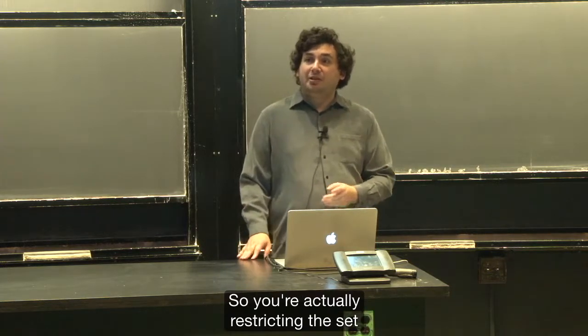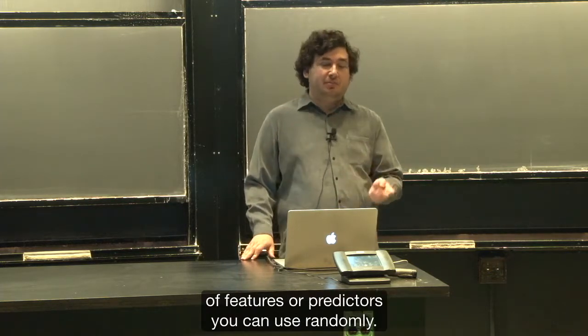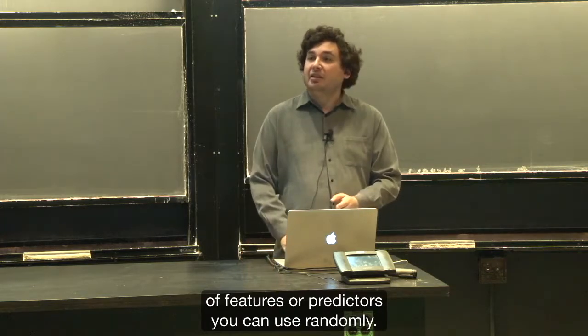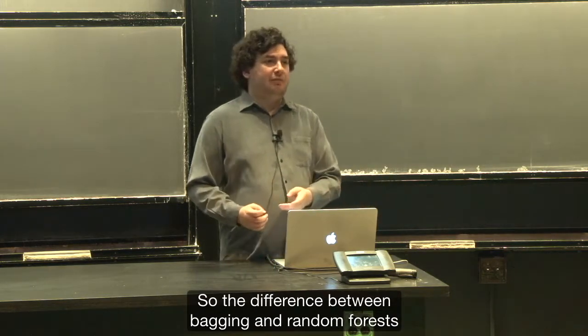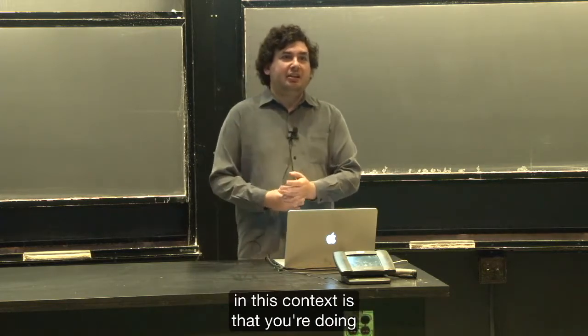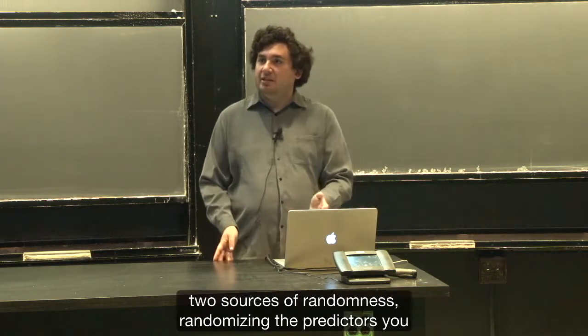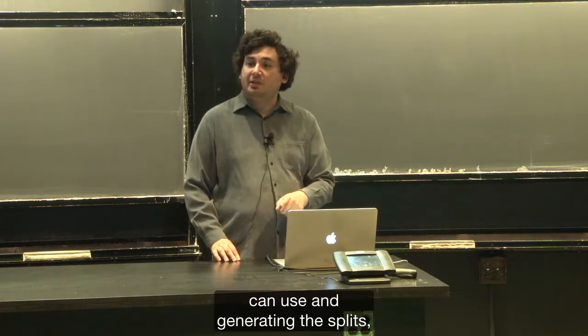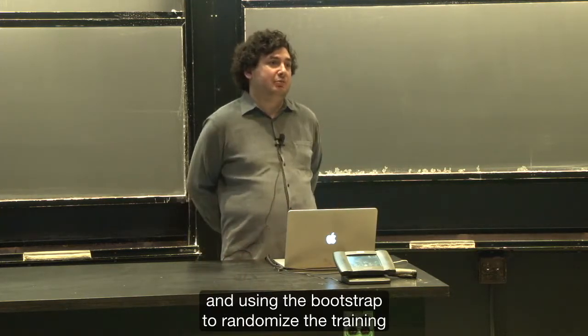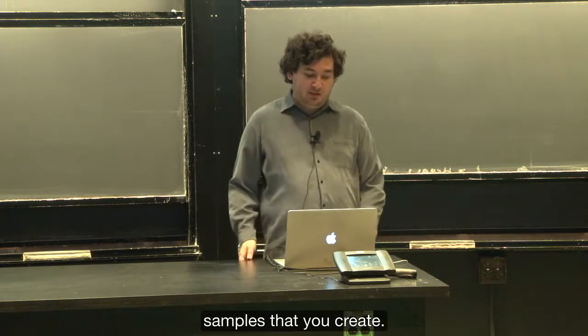So you're actually restricting the set of features or predictors you can use randomly. So the difference between bagging and random forests in this context is that you're doing two sources of randomness: randomizing the predictors you can use in generating the splits, and using the bootstrap to randomize the training samples that you create.